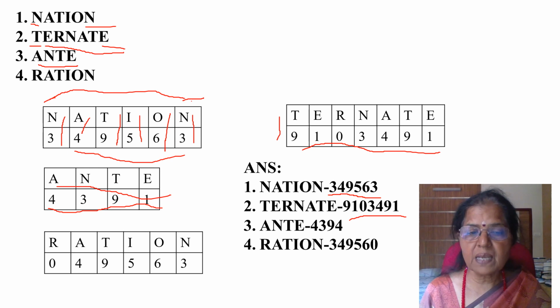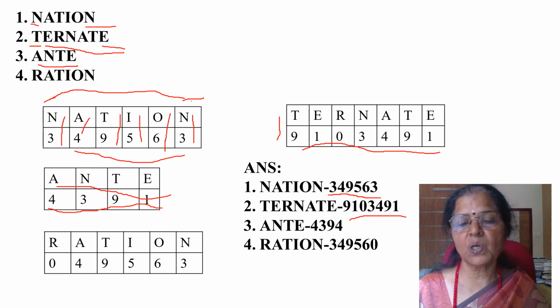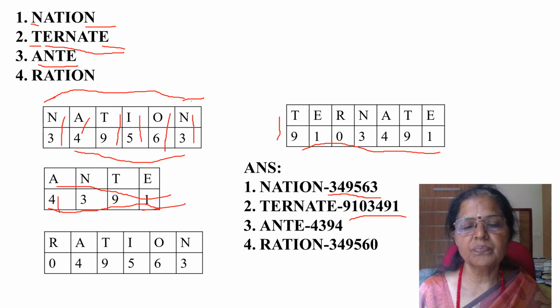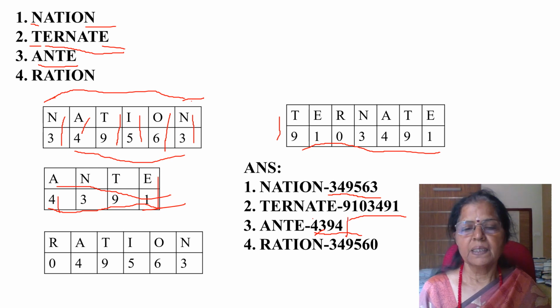If both the first letter and the last letter are vowels, then you have to give the code for the first letter to the last letter also. So 4391 becomes 4394 because you have to give the code for the first letter to the last letter E also because of the second condition. You got it?